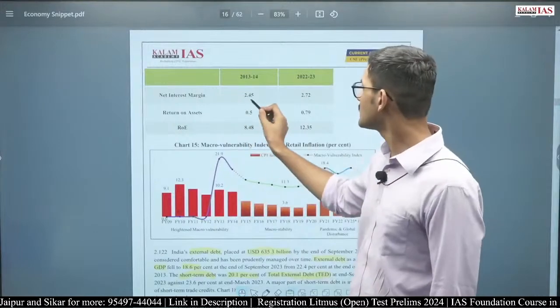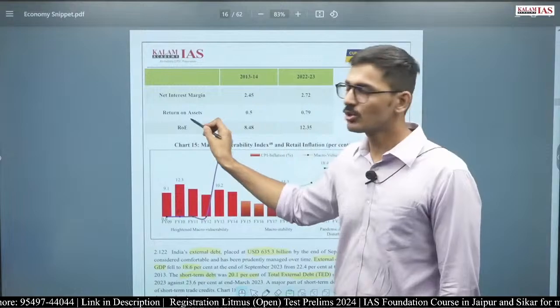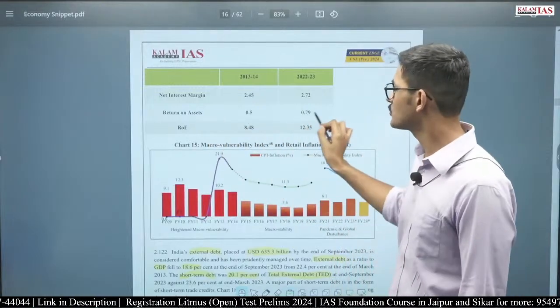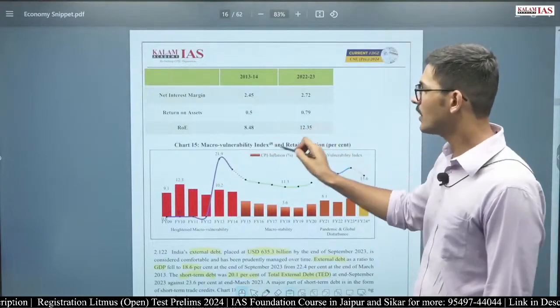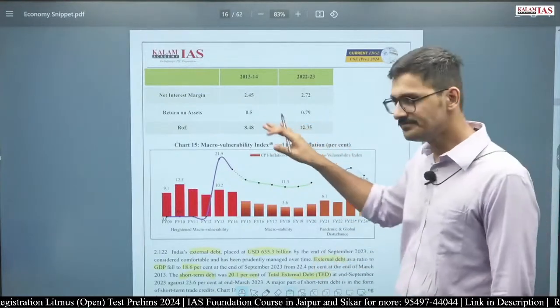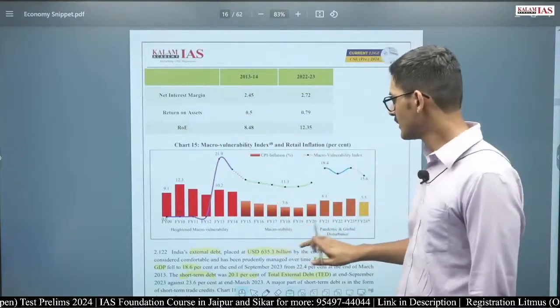So net interest margin has increased from 2.45 to 2.72. Return on assets should also be increasing. It has increased from 0.5 to 0.8. Return on equity has also increased from 8.48 to 12.35. So you should know what net interest margin, return on assets, and return on equity are.